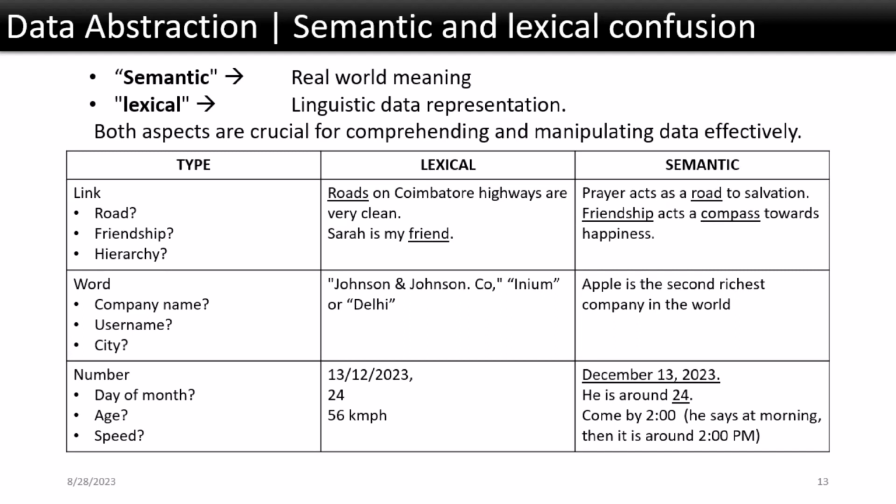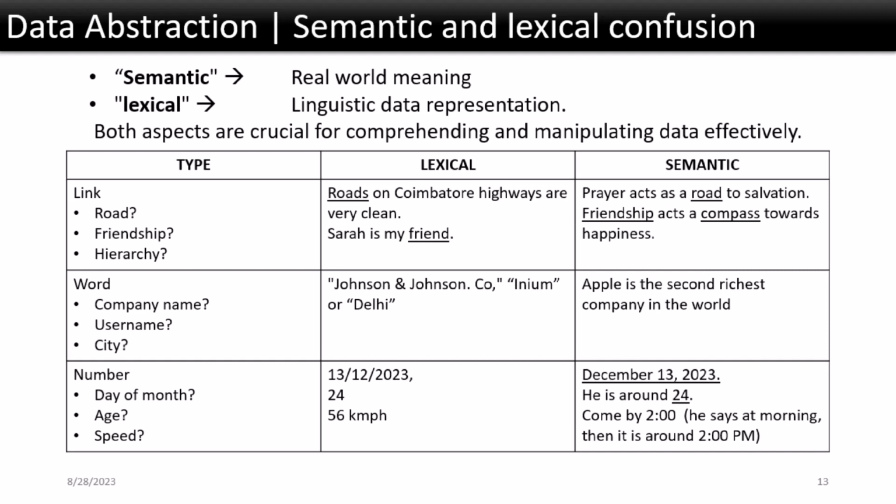So it's a difference. Number, date of a month, age, or kilometers. I have already told that lexical data would be represented in the form of numbers, symbols. So kilometer per hour denotes a lexical type of word. In terms of semantic, if we take December 13, 2023, the 2023 doesn't have any significance.